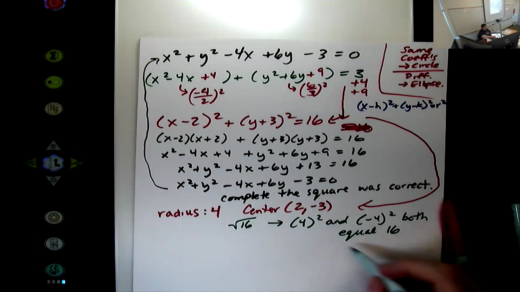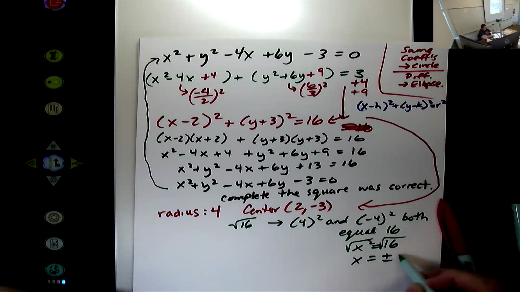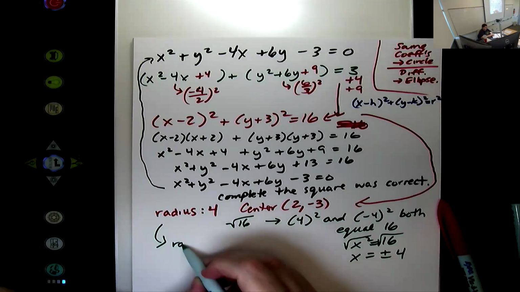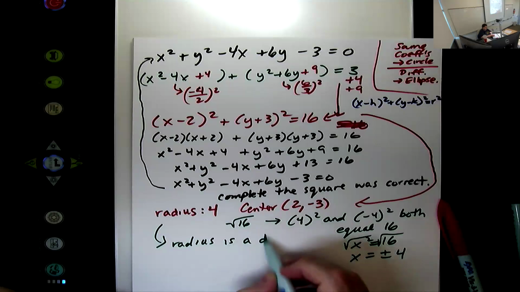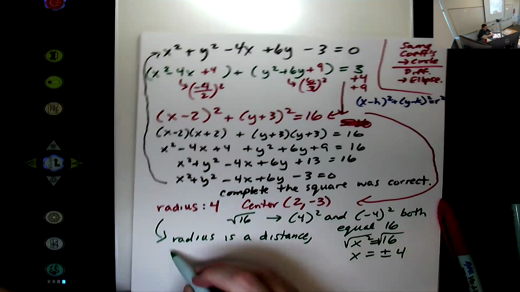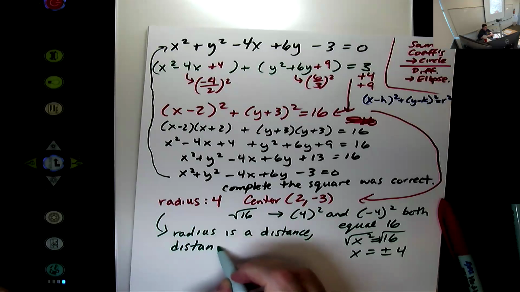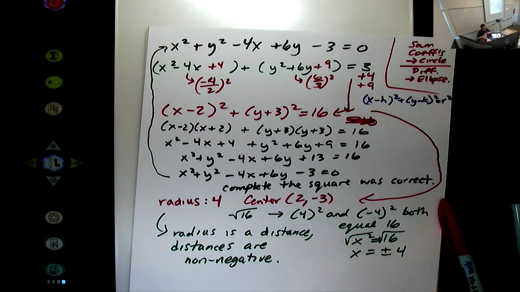So when we do x squared equals 16 and take the square root, we get x equals plus or minus 4. But here radius is a distance, and distances are non-negative. I'd say positive, but you can have a distance of 0. It seems stupid because you just haven't moved, but it's technically valid, like how far something moved: it didn't move, it moved a distance of 0.